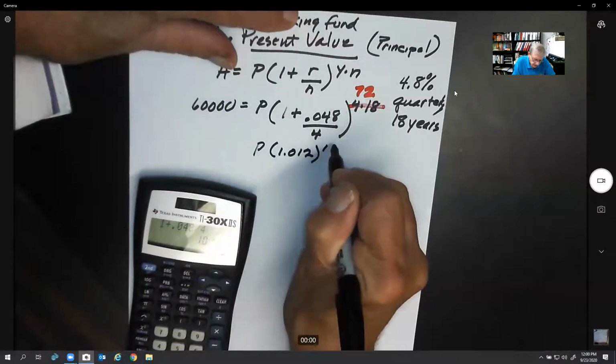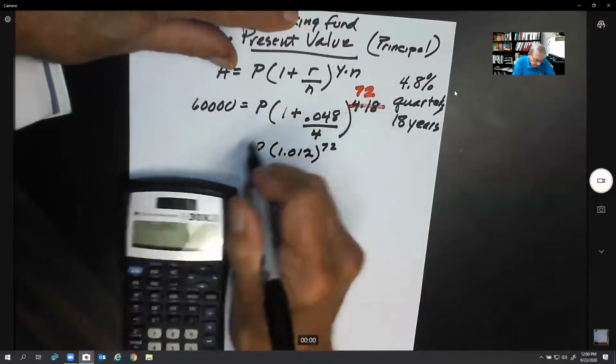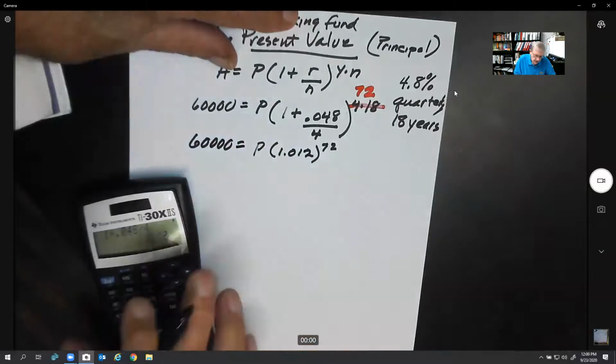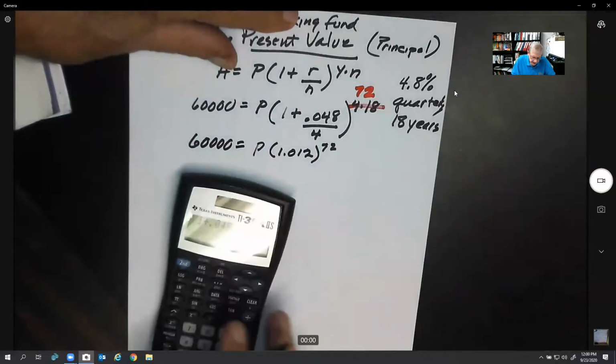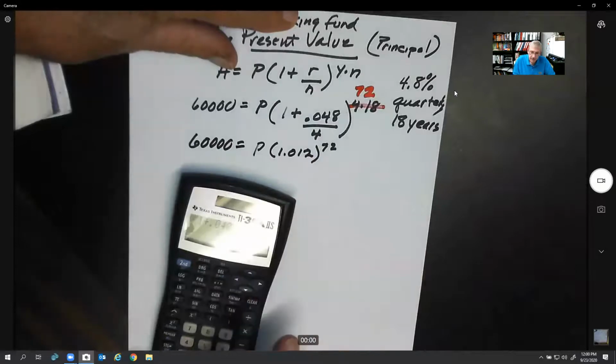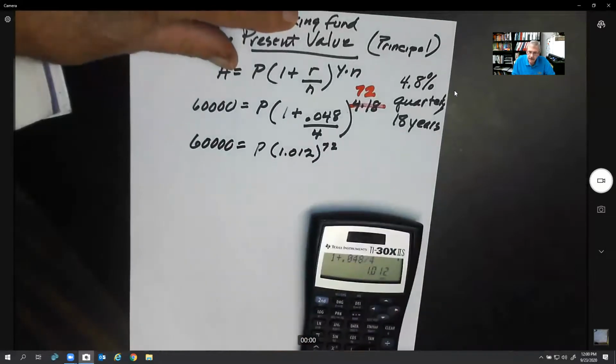And that's going to be raised to the 72nd power. So I did this parentheses, and then I'm going to raise that to the power. And see, it's still on my calculator. You can see it. Raised to the 72nd power.